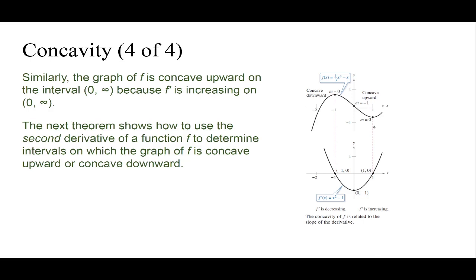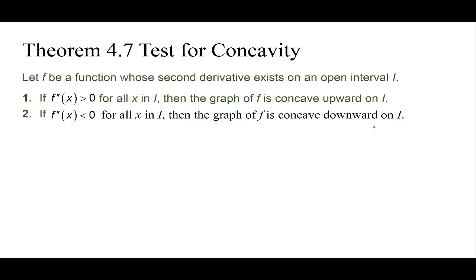The most important thing we're going to discuss next is the theorem that shows how to use the second derivative of a function f to determine intervals on which the graph of a function is concave upward or concave downward. That's the test. Theorem 4.7, test for concavity.